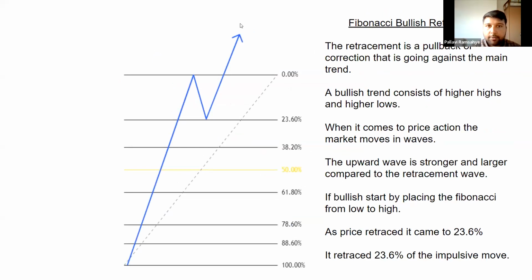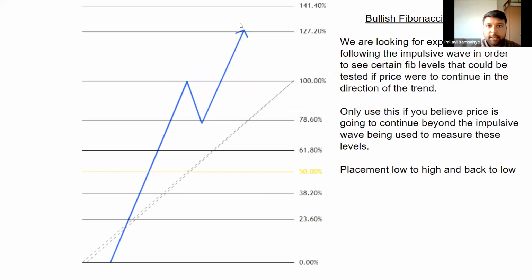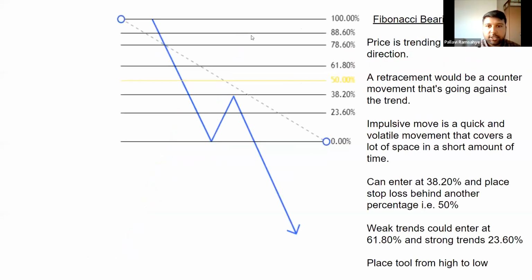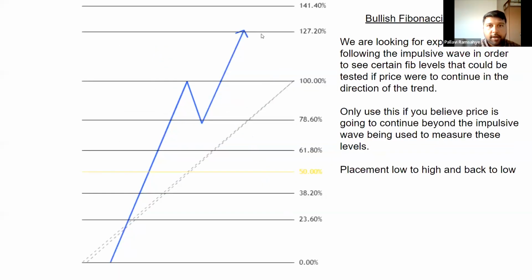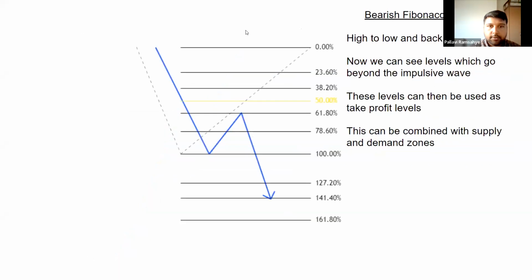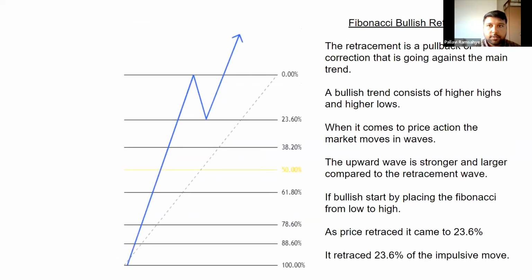But if we go to this point here, we can potentially see where price will go. If I bring it back to the retracement here, we enter at 23.6%, potentially set our stop loss behind 38.2%, but we don't know where to place our TP.